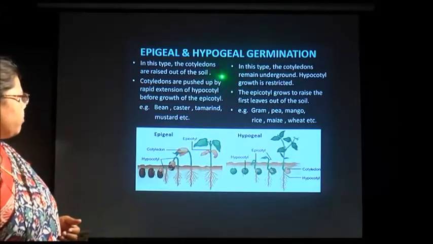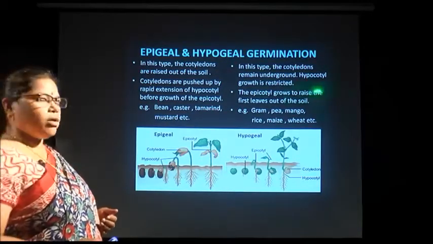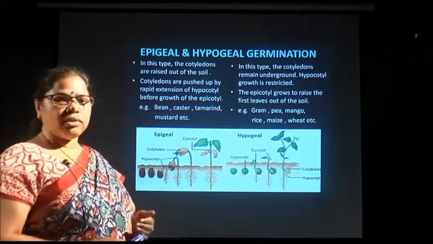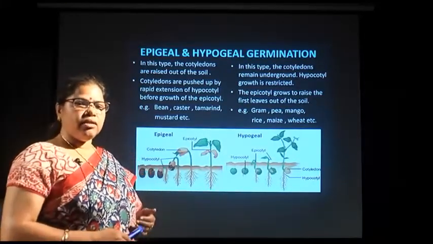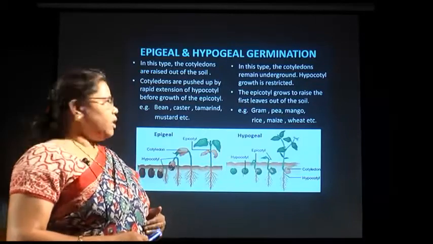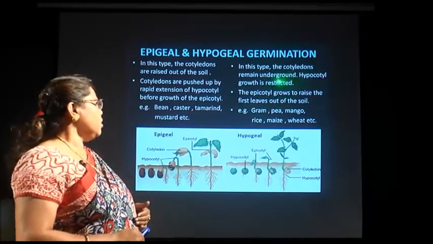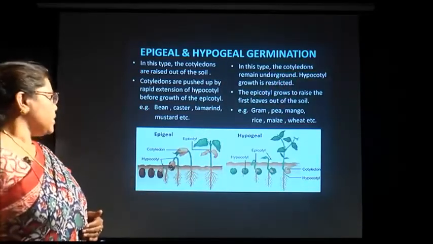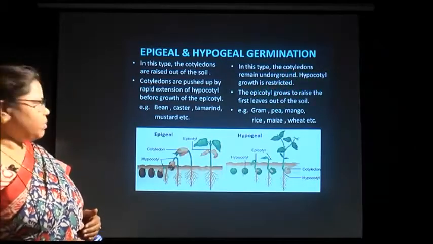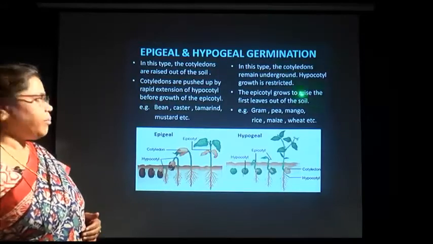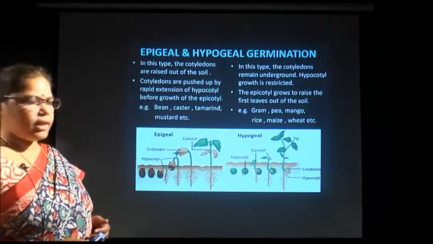Similarly, come to hypogeal germination. Here the cotyledon remains underground, because hypo means below and geon means soil. So here the cotyledon remains below the soil, that's why it is called hypogeal germination, because hypocotyl growth is restricted. The difference between epigeal and hypogeal germination often comes in examinations.